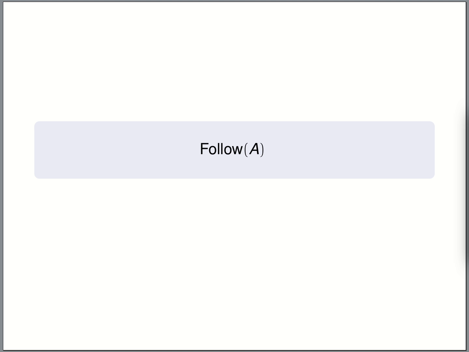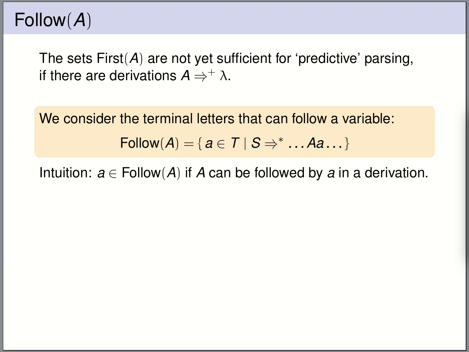Next, we are going to compute the follow sets. If our grammar contains lambda productions, then the first sets are not yet sufficient for predictive parsing.